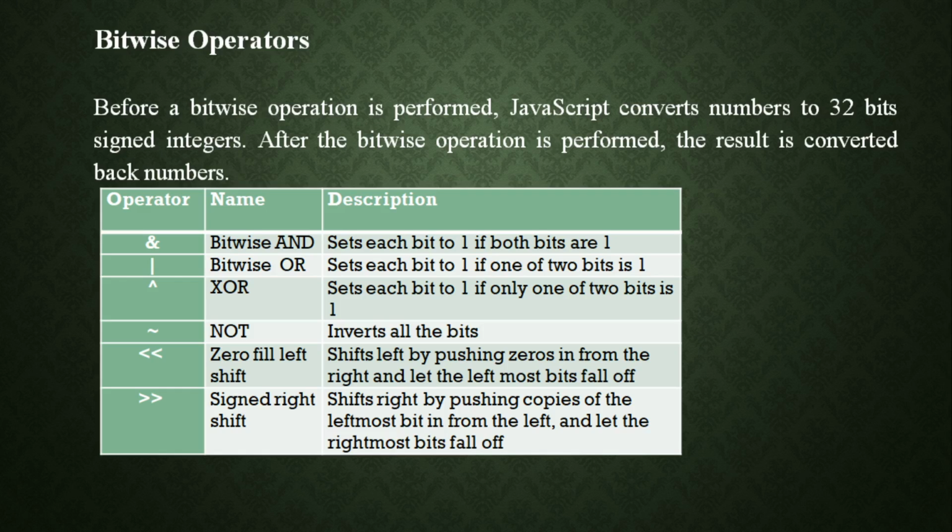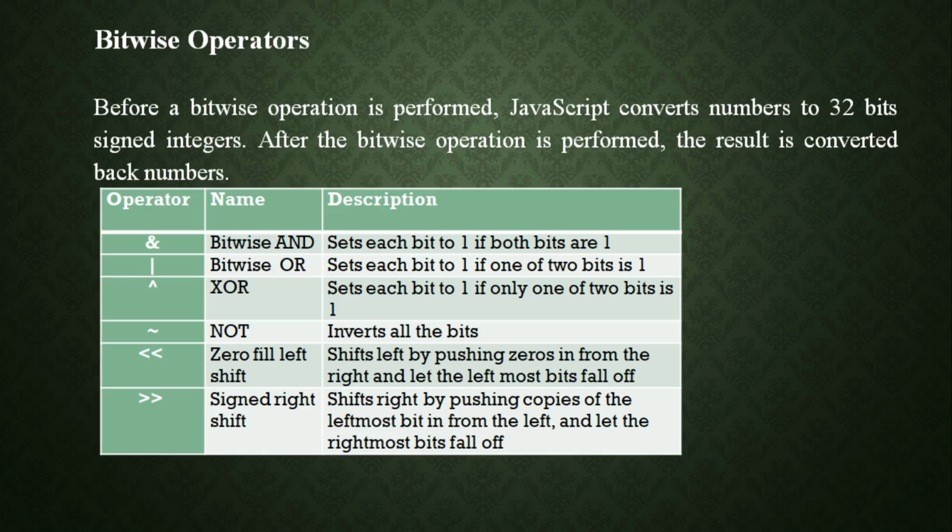What do these operators do? If I am using a bitwise AND, it sets a bit to 1 if both the bits are 1. OR sets each bit to 1 if any one of the two bits is 1. XOR sets each bit to 1 if only one of the two bits is 1. NOT inverts all the bits. Left shift, zero fill left shift, shifts left by pushing zeros in from the right and lets the leftmost bits fall off.